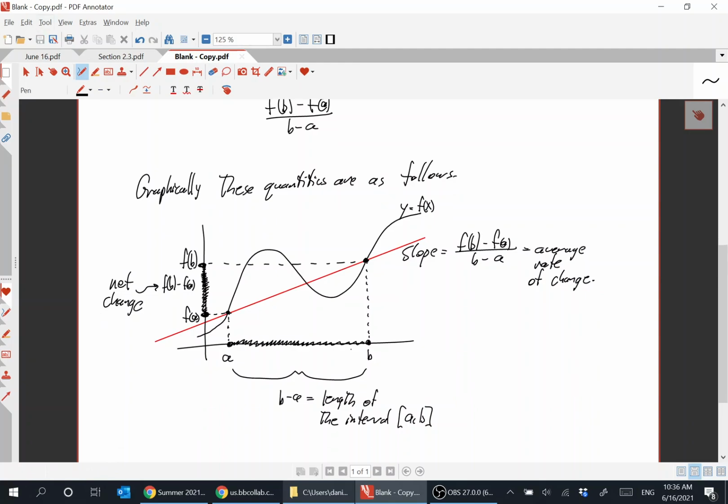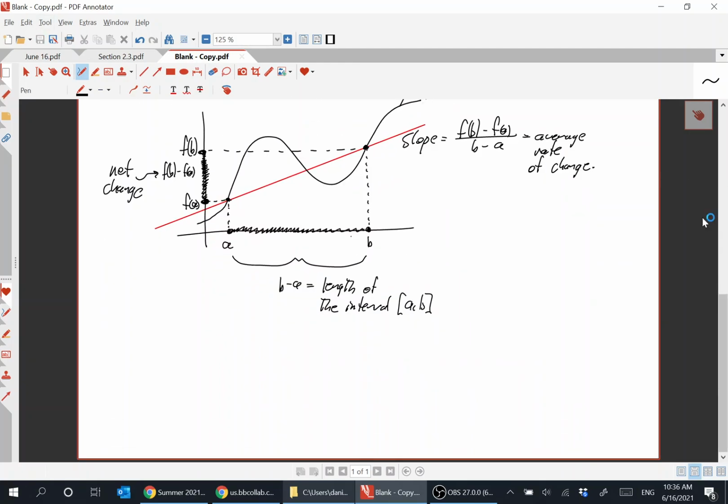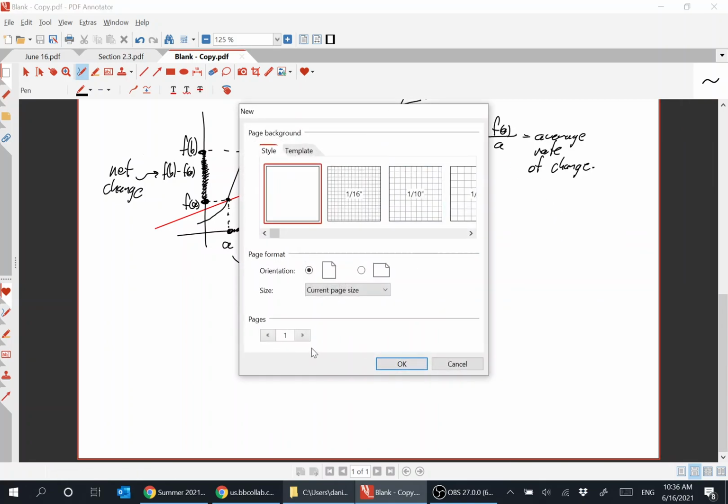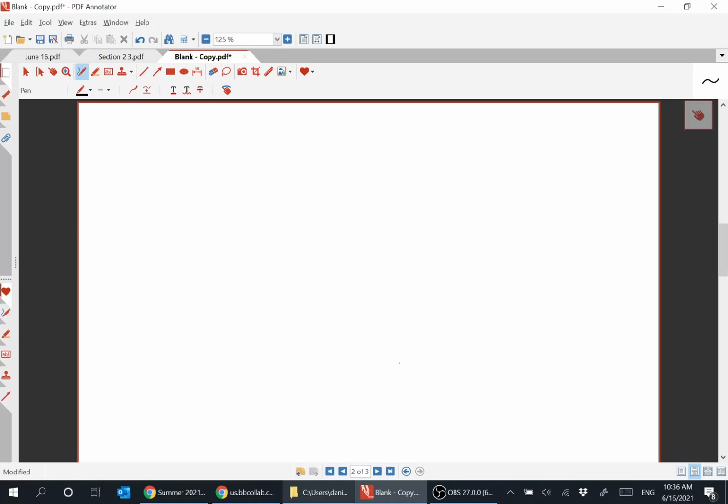So, for example, let's write f of x equal to x times x minus 2 times x minus 4.